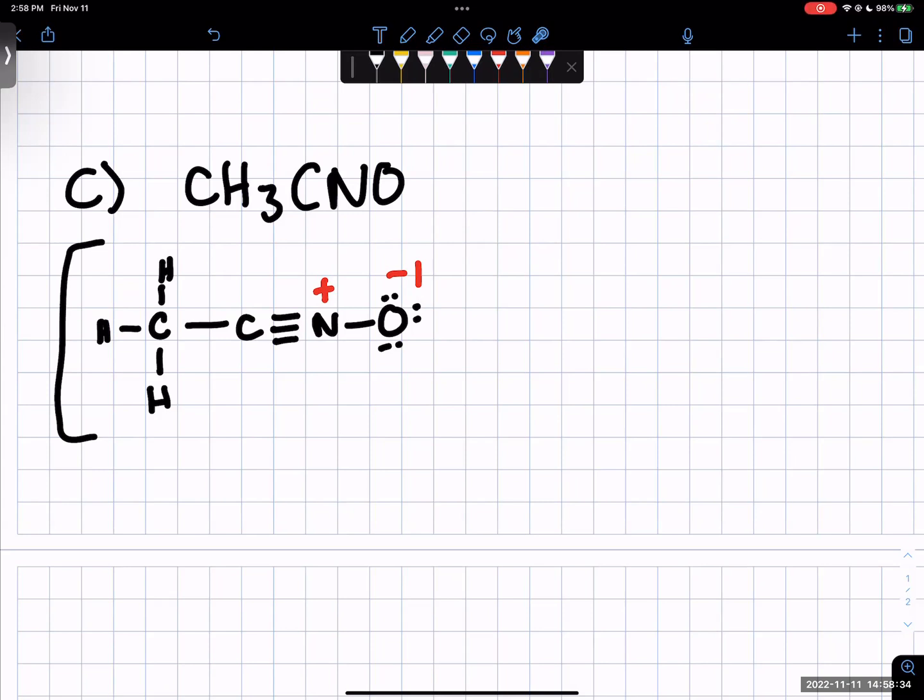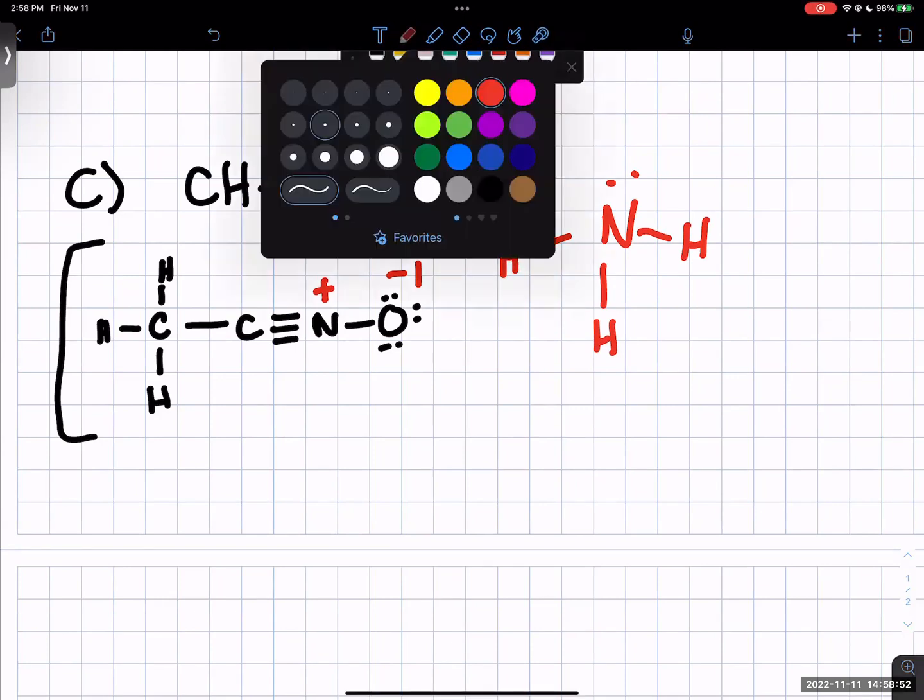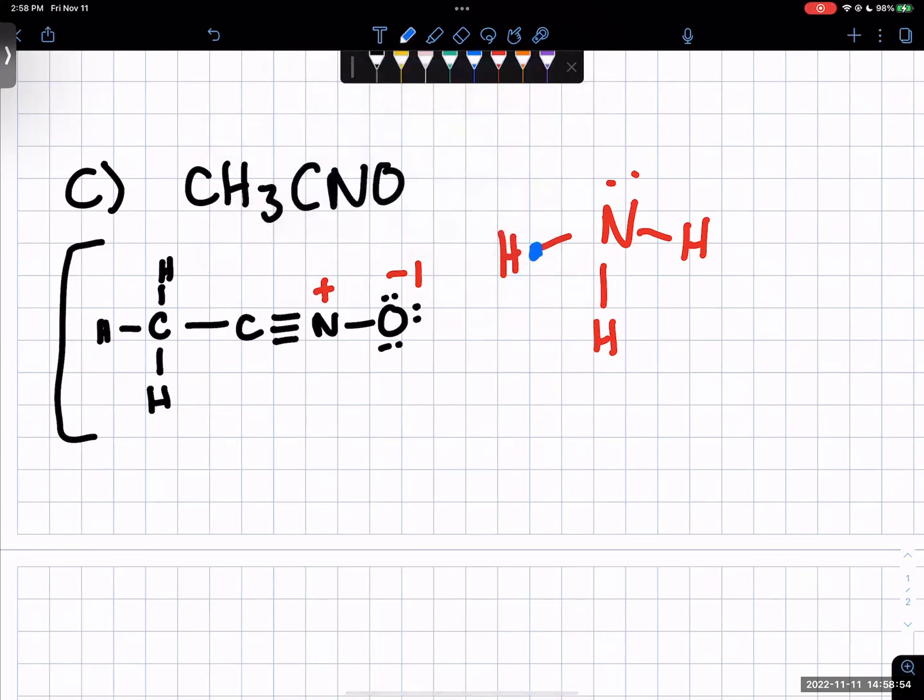So it wants to fulfill the octet rule, but it wants to own only 5 valence electrons. Like in ammonia, let's do this. Ammonia with its lone pair. Each of these hydrogens contributes a single electron, so I'll draw those in blue.